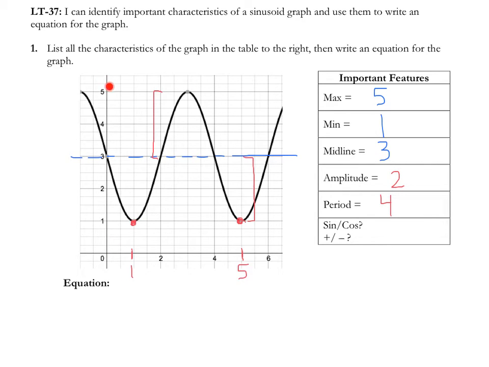So you want to look at the y-axis and think, where is the graph starting there? If it's starting at a peak or at a valley, you're going to use cosine. If it's starting at a midline point, we're going to use sine. We're definitely going to use sine in this case because we're starting at a point somewhere along the midline.